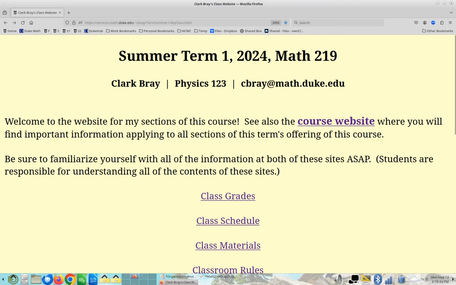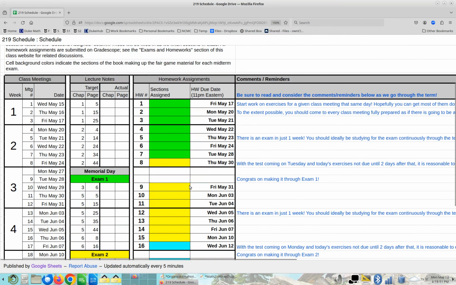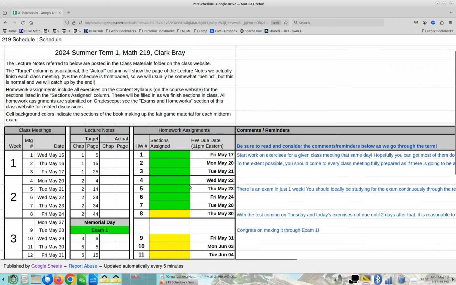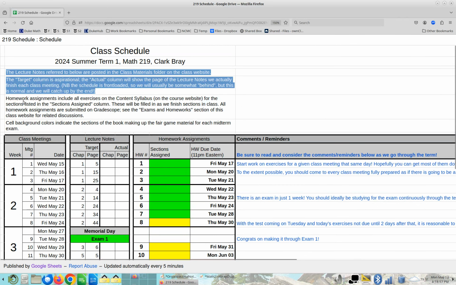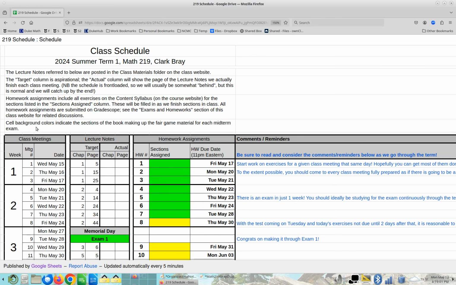Okay, let's see here. So we are going to talk about the class schedule. Here it is. Again, one of the first links. And here we go. So several things to notice. Again, a bunch of text here. Make sure to read all of that. Very important to make sure you read it; the devil's in the details. So don't skip out on that.